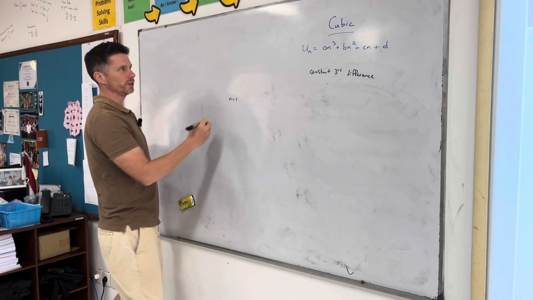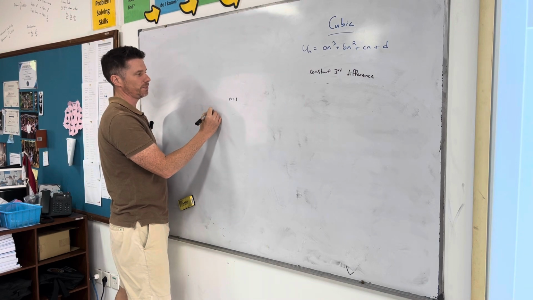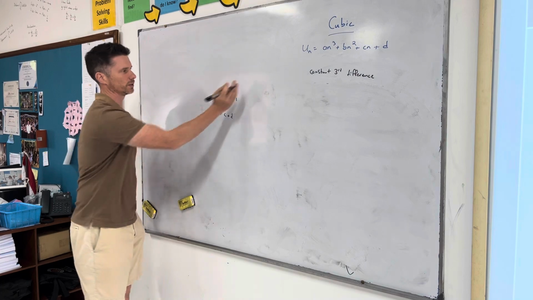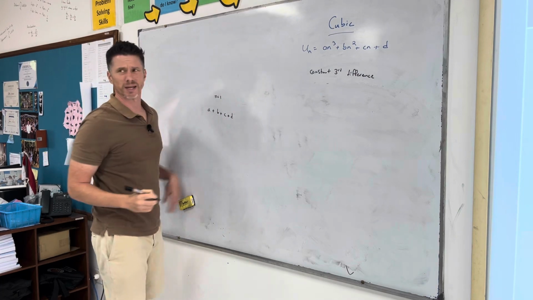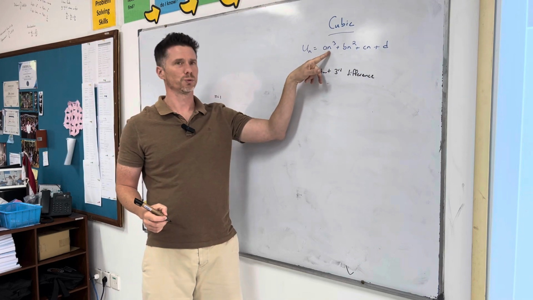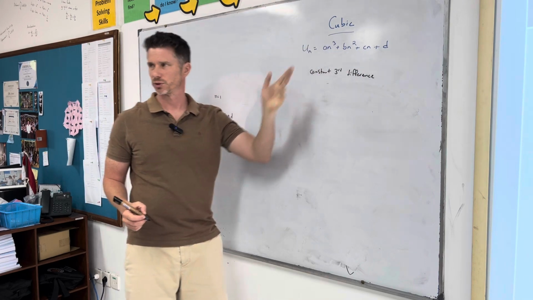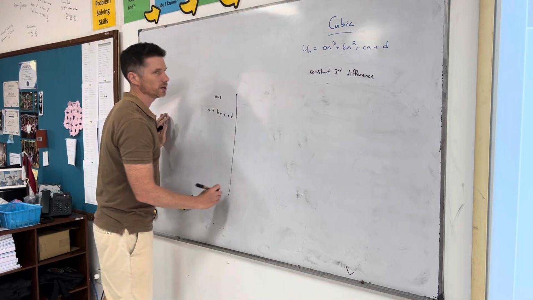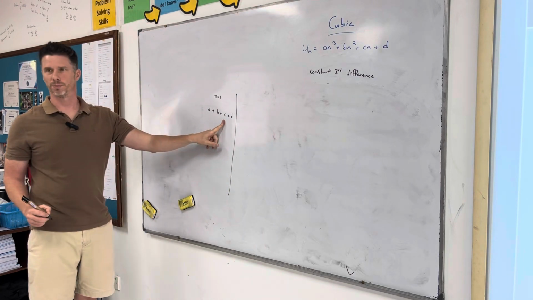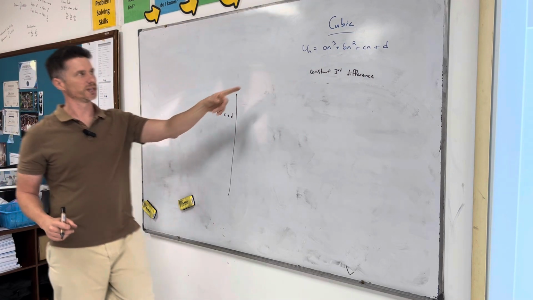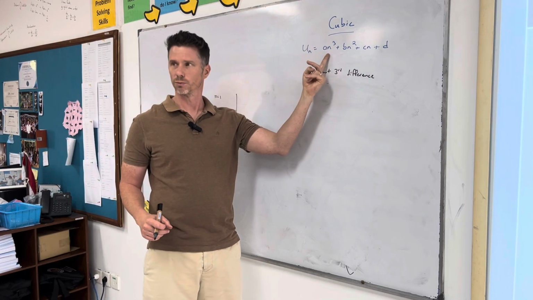n is equal to 1, so it's going to be a plus b plus c plus d, the first term in the sequence. How do I get that? Well, I just put in 1 for n, and 1 cubed is 1, and 1 squared is 1, so it's just 1 times a, 1 times b, 1 times c. So that's the first term in any cubic sequence: a plus b plus c plus d, the coefficients added together, because the first term will sub in 1.